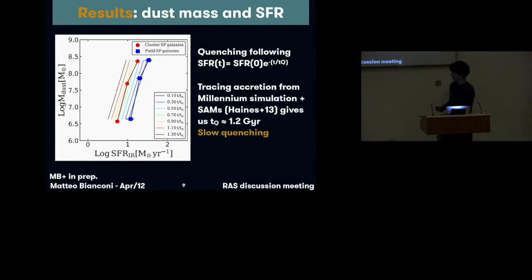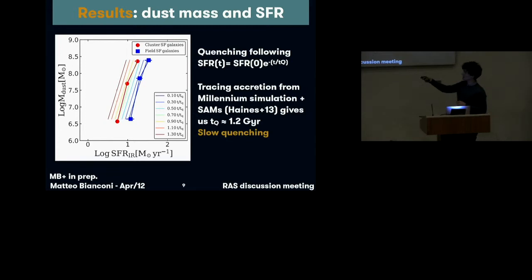And we focus mostly, due again to the extent of our wavelength, on dust mass, to see if there is anything interesting there. And here, simply, we plot star formation rate with respect to stellar mass and dust mass for cluster and field star-forming objects. Again, field drawn from our own sample of galaxies. And we see that dust mass doesn't seem to change much.